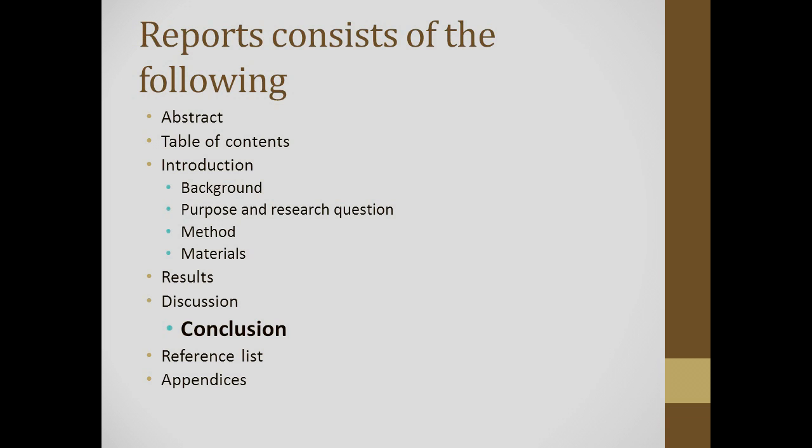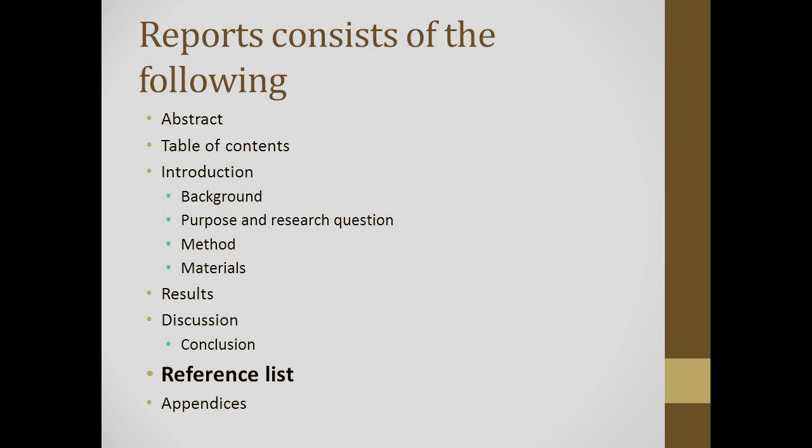You can't take up any new information that isn't in the previous parts. Reference list, mark up your references with formal and correct referencing. Appendices should be numbered from 1 and upwards, and those are separate from the page numbers.